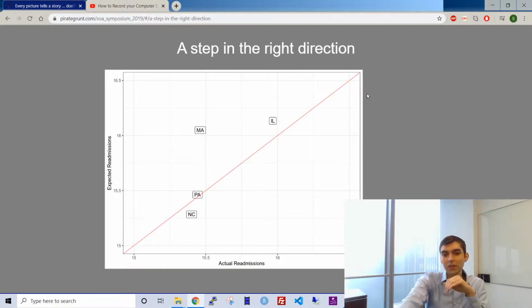So another way to look at this would be to look at an XY plot, where the x-axis is the actual readmissions, the y-axis is the expected readmissions, and then each point would be a hospital. So you could see Massachusetts has higher expected readmissions than actual readmissions, whereas Pennsylvania has an AVE ratio of just about 1.